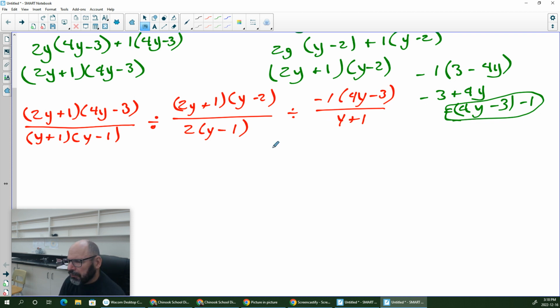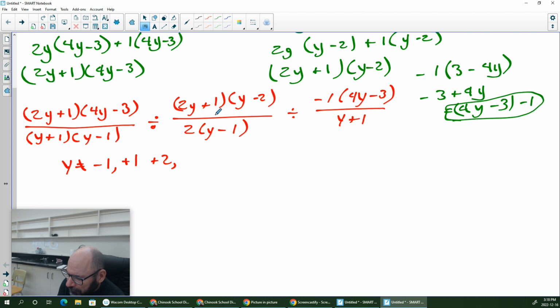Okay, so now we have to do restrictions. So all the restrictions are these two, this one, these two because you're going to flip it over, and this one because you're going to flip it over. So y cannot be negative 1 or positive 1, which we already have, or positive 2. For this one we have to think a little bit.